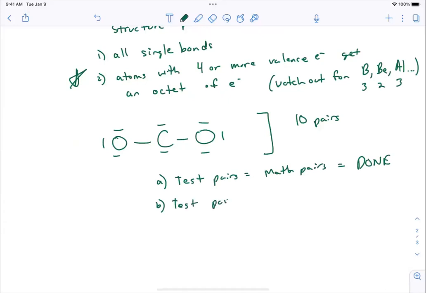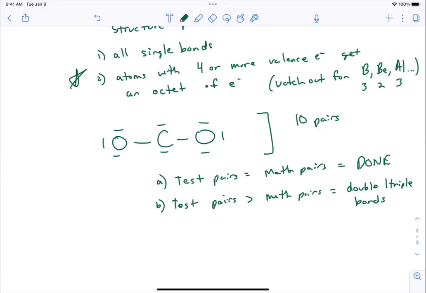If your test pairs are greater than your math pairs, you need to add double or triple bonds. Because what that tells you is that in the real structure, some of these lone pairs that you drew are actually acting as a shared pair of electrons together.